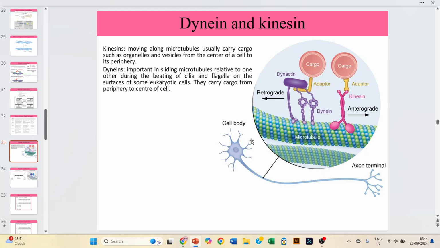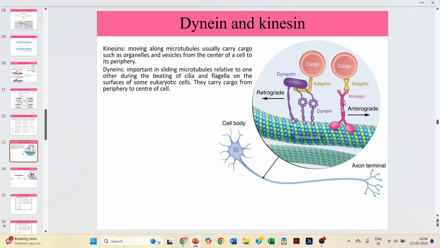Now we will look at dynein and kinesin. If you remember the first image that we saw in our PPT, it was the image of kinesin possibly, and this is the image of dynein and kinesin. They are both acting exactly opposite to one another.